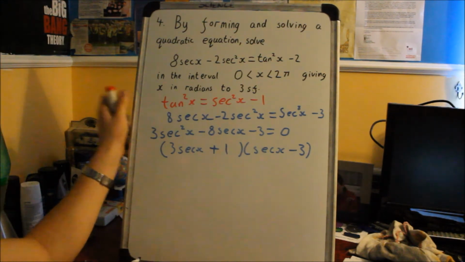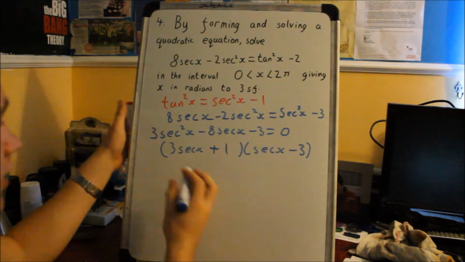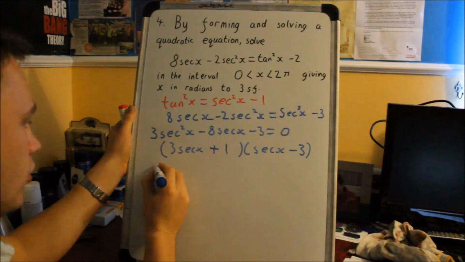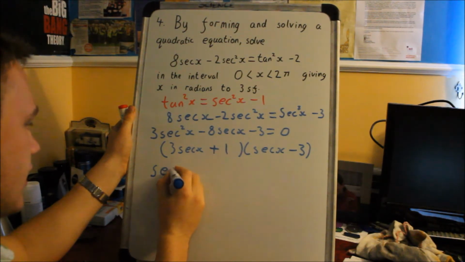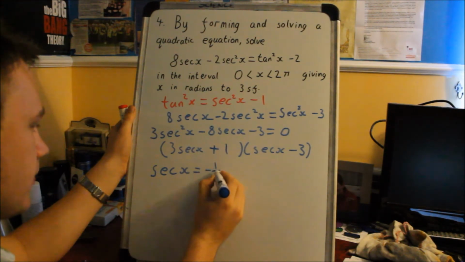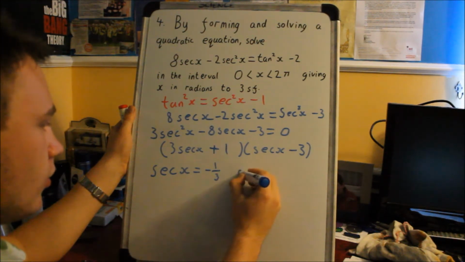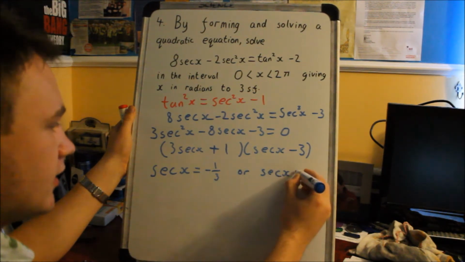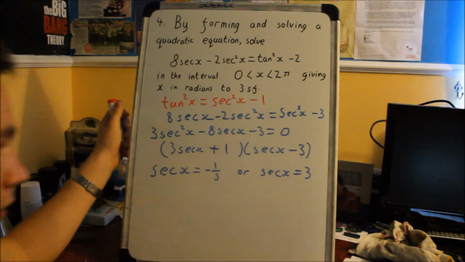Yeah, that's right. So then we're going to get 2 values of sec x, which is what we know how to do from Core 1 and Core 2. So we get sec x = minus 1/3, and sec x = 3.